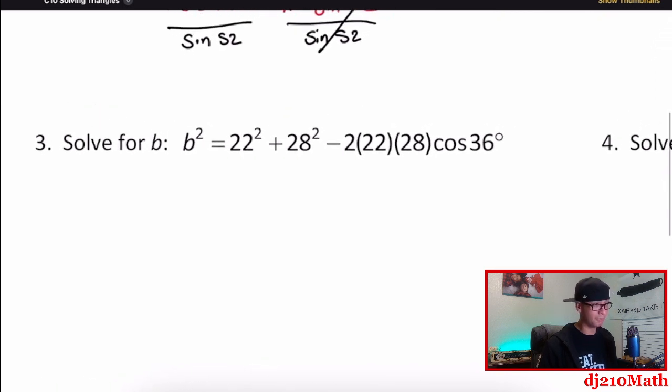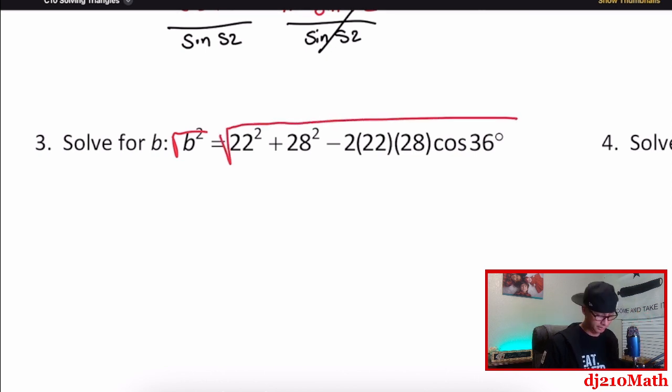So this is law of cosines. Even easier. So check it out. We want to solve for b. So I have to take the square root because I don't want b squared. I can do anything I want to this equation as long as I do it to both sides. So this is just straight calculator work.